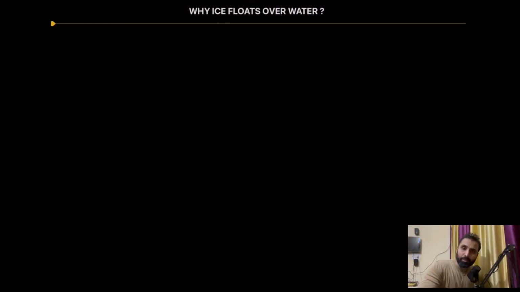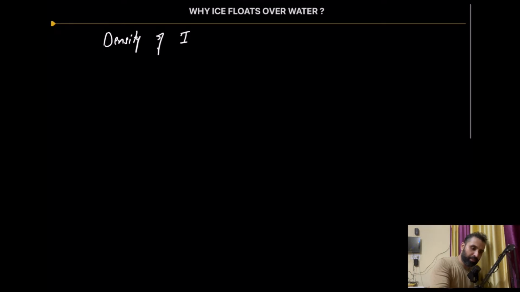Why ice floats over water? The reason for this is the density of ice is less than that of water. I'm writing: density of ice is less than density of water.